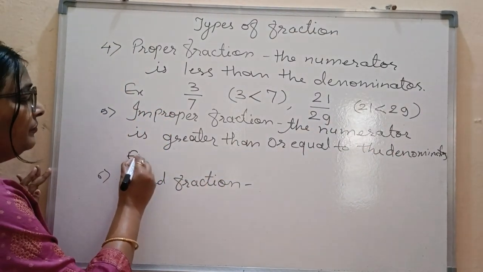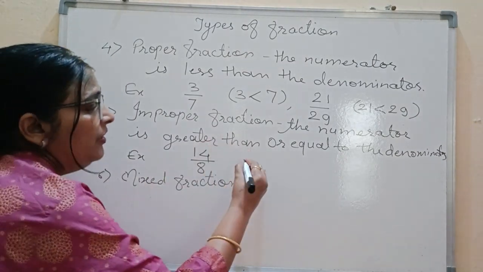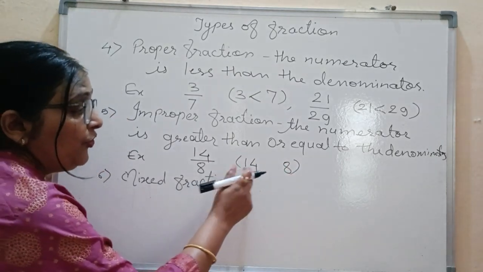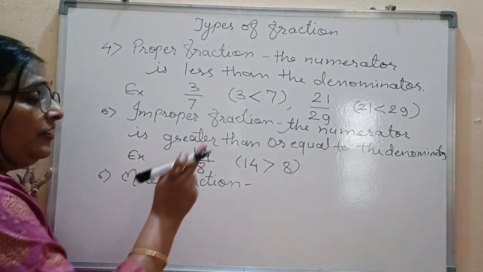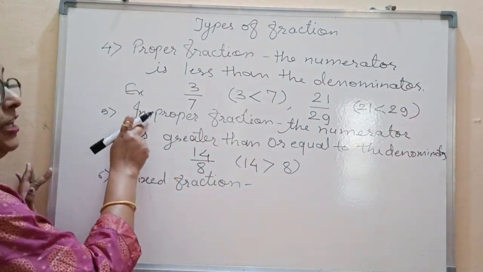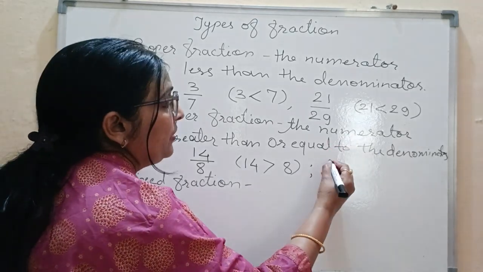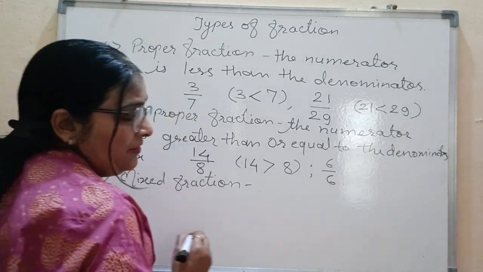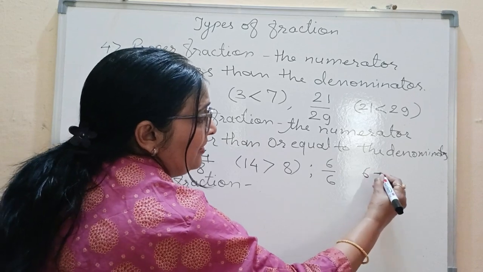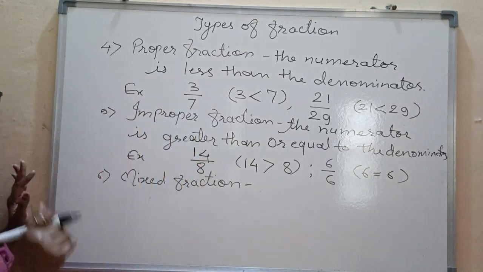For example, 14 by 8. Here the numerator is 14 and the denominator is 8. 14 is greater than 8, so the numerator is greater than the denominator, and therefore this is an improper fraction. One more example, 6 by 6. Here the numerator is equal to the denominator, 6 equals 6. Therefore, this is also an improper fraction.